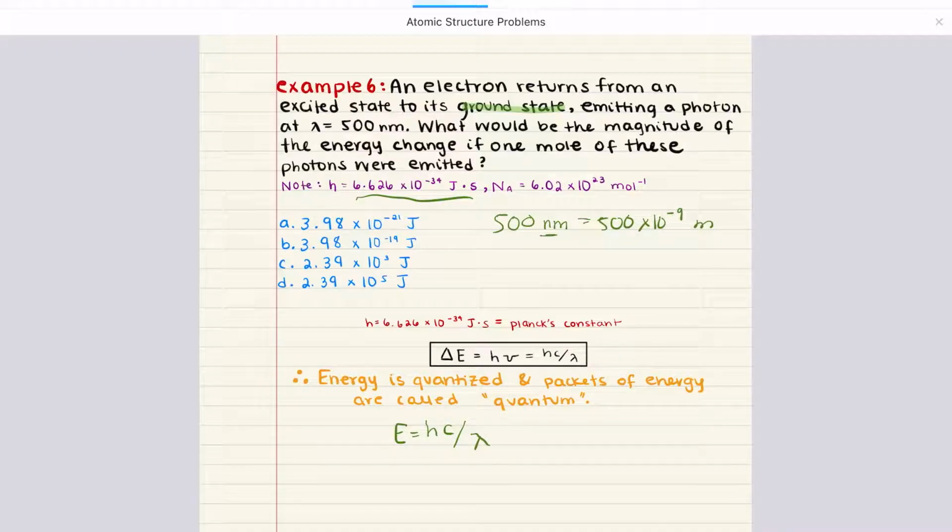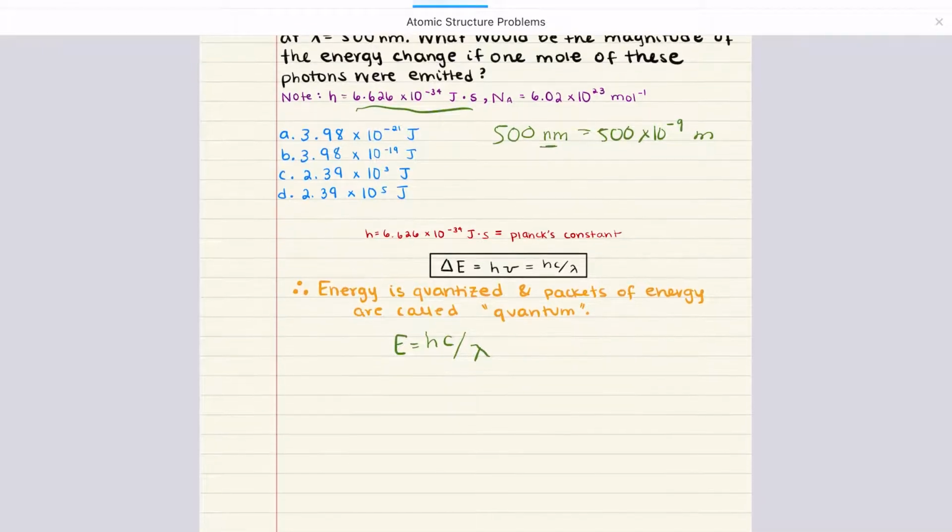So we have a lot of really good information here to figure out the energy of 1 photon starting off. That's going to be our first step. We're going to use this equation to calculate the energy of 1 photon, or at least let's set it up here.